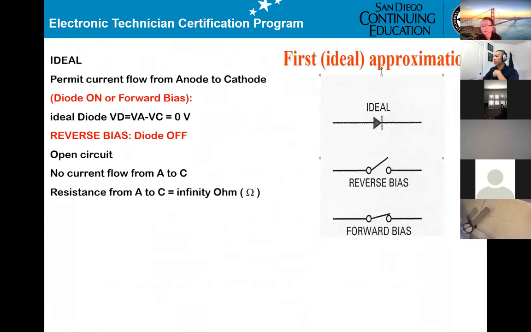Okay, and we understand the diode: there is the ideal diode, and a diode with a 3-volt and a 4-volt bias. Reverse bias means the diode is off. Forward bias means the diode is on. What happens for the ideal diode?